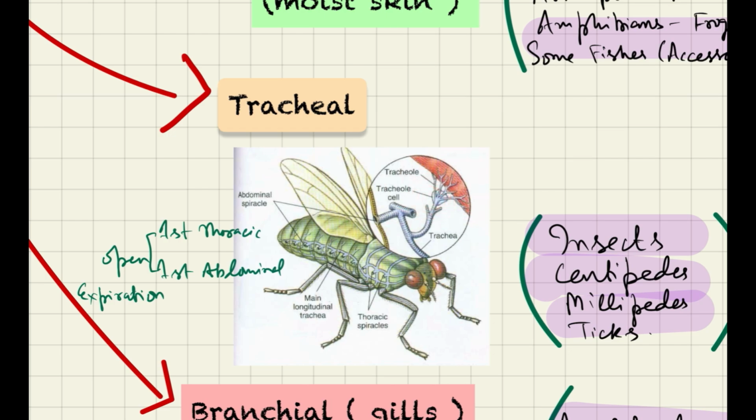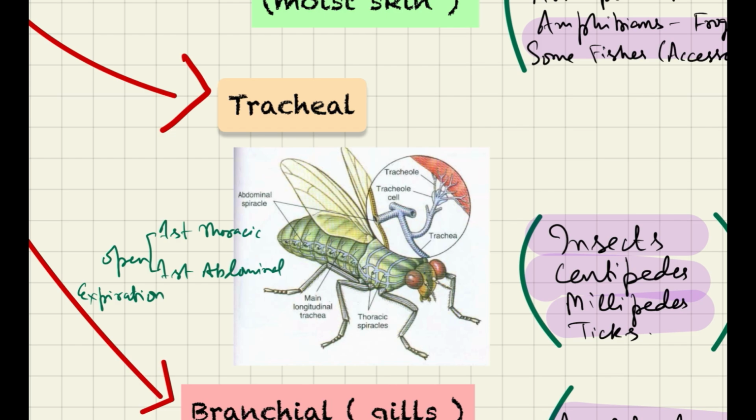This branching pattern is there, and at the terminal part there is this fluid. This is known as tracheolar fluid, through which the oxygen transport takes place. As I had talked about, in some cases there can be fluid and in some cases there is blood. In maximum cases there is blood.